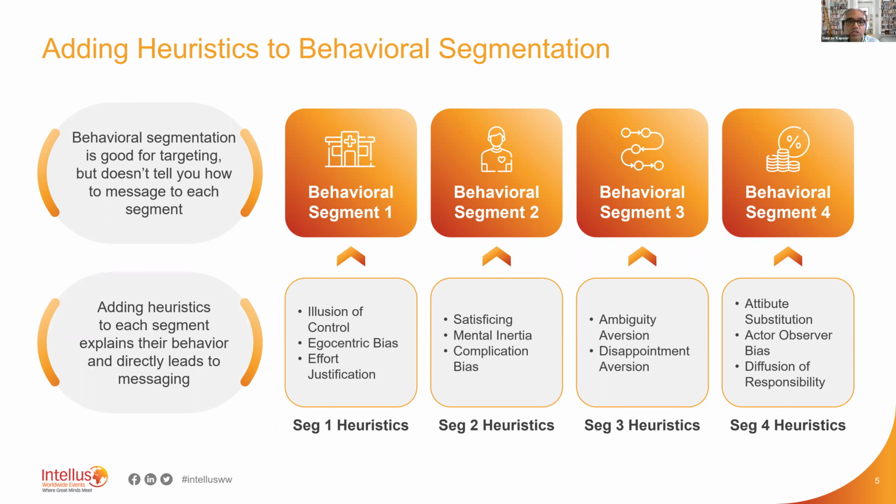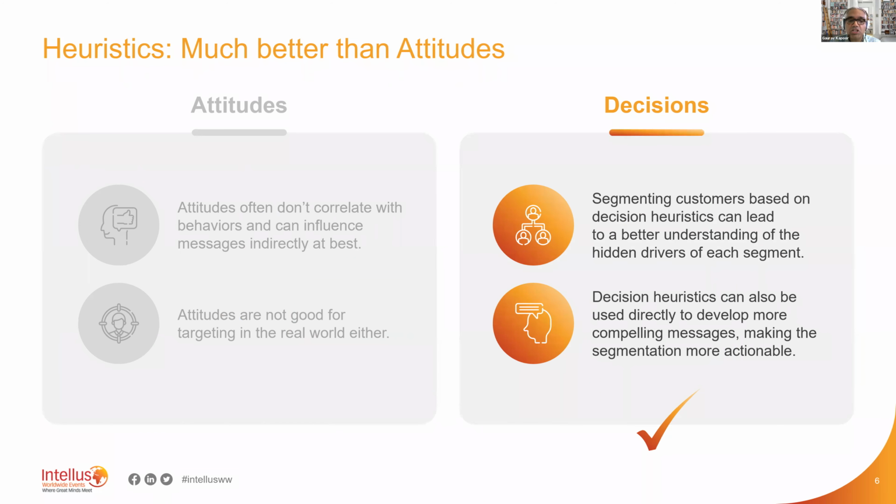You can just utilize the heuristics of each segment to create segment-specific messaging. In fact, you can also identify cross-segment heuristics that apply to all the segments or most of the segments, and you can create cross-segment messaging as well. So you have some cross-segment messages, and then you have segment-specific messages. That's actually the best way to execute. So let's look at how to augment your existing segmentation with heuristics information, or do a new segmentation from scratch.